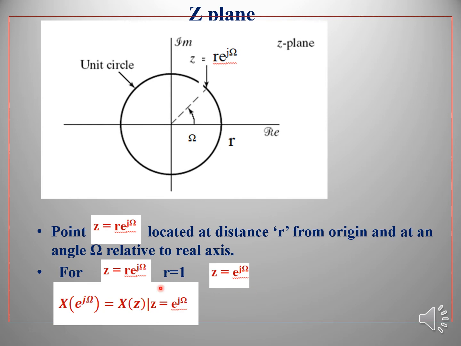Thus, X of e power j omega is equal to X of z if z is equal to e power j omega. This makes us realize that this expression is almost similar to the DTFT expression that we discussed in the previous unit.